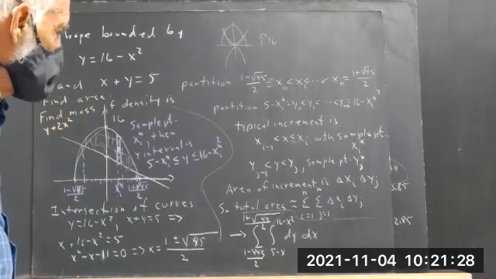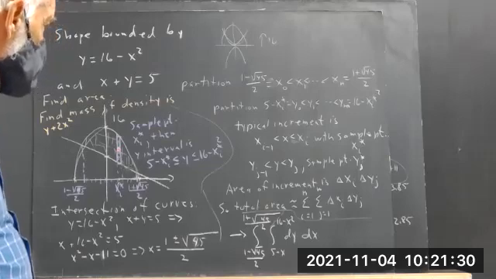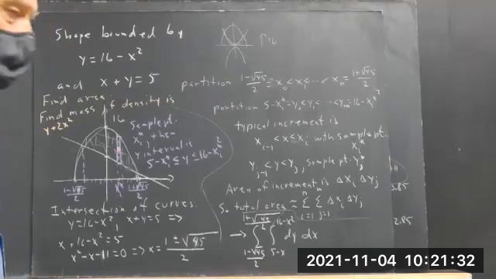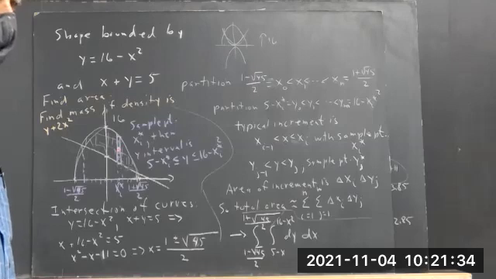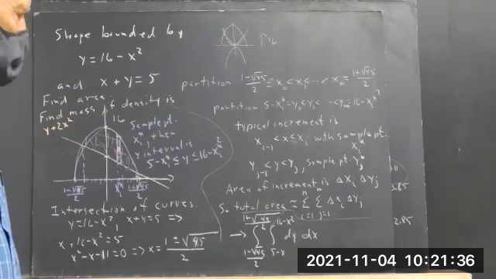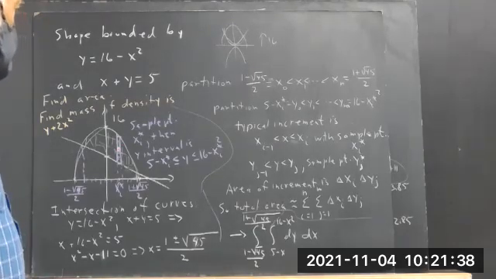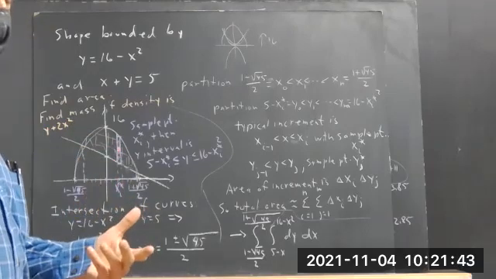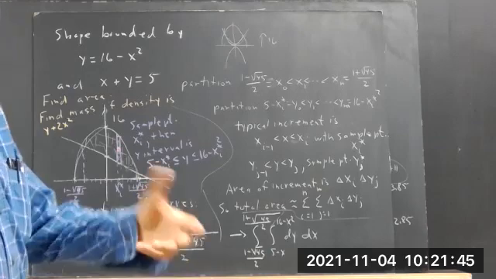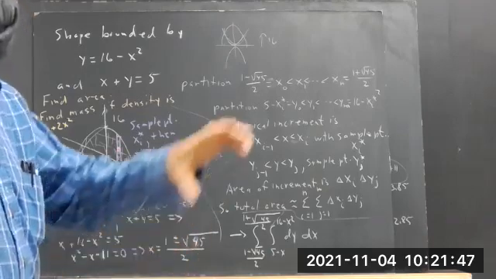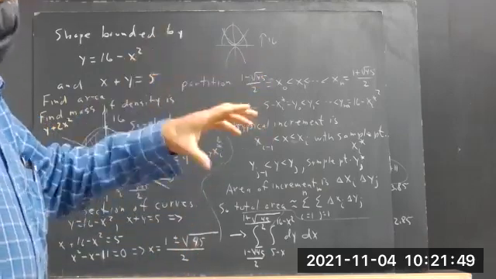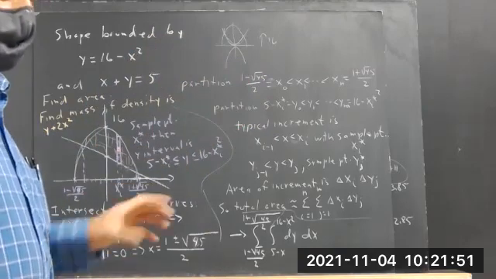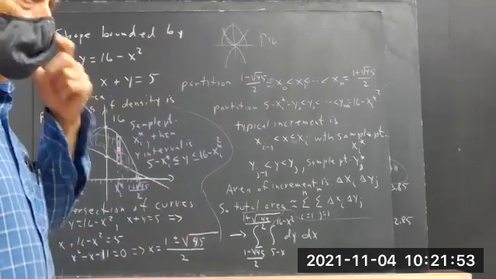If the density was 15 and the area was about 50, then your total mass would be about 750: an average density of 15 multiplied by an area of about 50. 15 times 50 is 750.